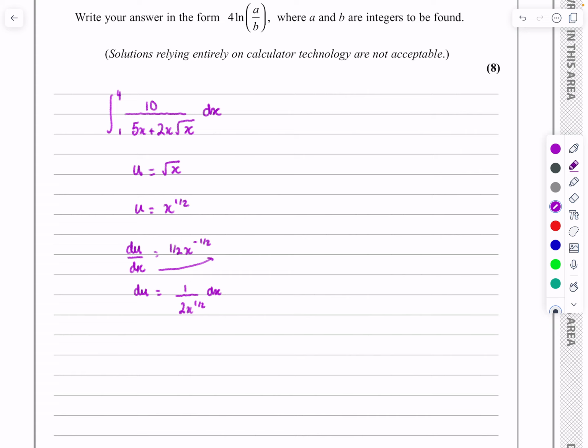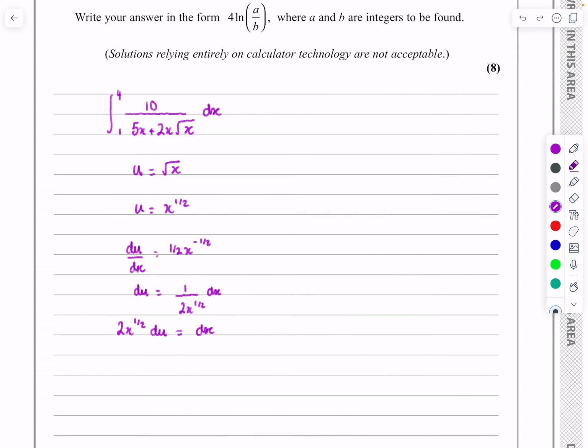I've just taken that up there and I've also tidied up the minus a half part. So in other words, dx is going to be equal to 2x to the half du. So when I'm subbing that in, I'm going to end up with 2x to the half on the top, and then we'll see where that leaves us when I'm doing the rest of the substitution.